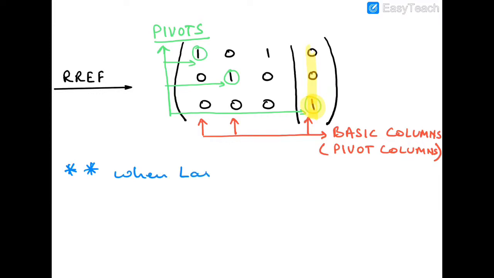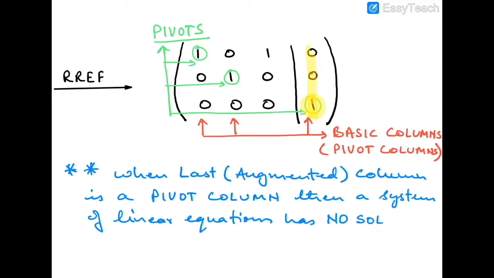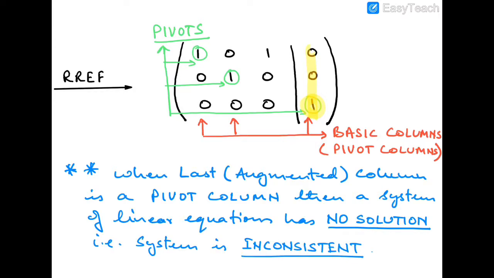And as you can see, the last or augmented column is a pivot column. So when the last column or the augmented column is a pivot column, then a system of linear equations has no solution. That is, the system is inconsistent.